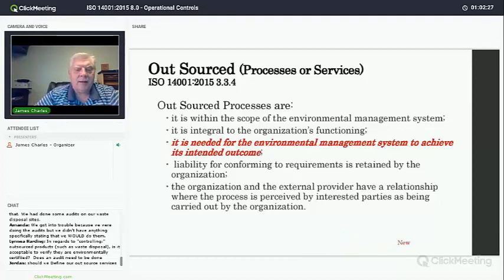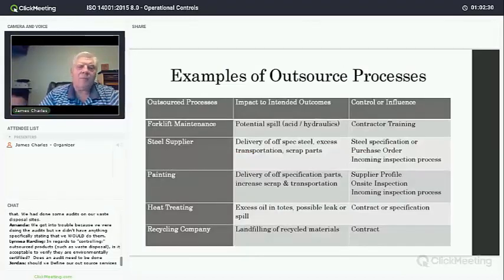So let's talk a little bit about different types of outsourced services. Now, when I read the standard, if I want to get confused, I can. What's an outsourced process versus an outsourced service versus a product or supplier? But don't get confused, because the standard now requires that all of those be controlled or influenced to the extent that we can.